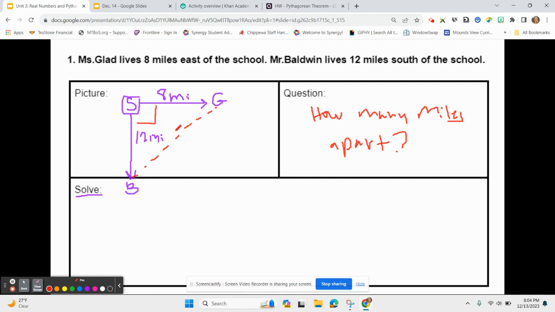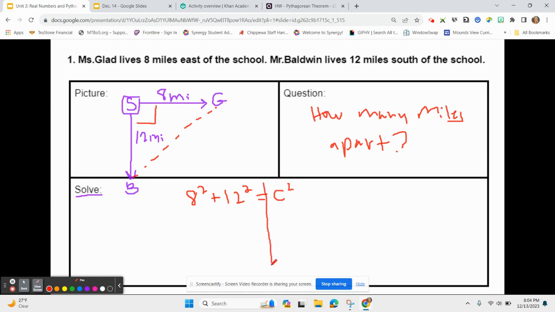So I'm going to use my Pythagorean theorem to say 8 squared is one leg, plus 12 squared is my second leg. So a squared plus b squared. We want to know what is my c squared.